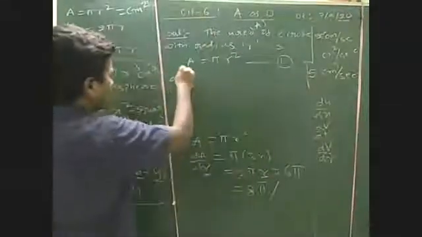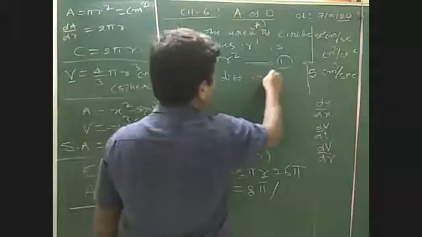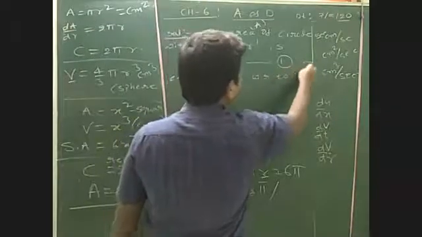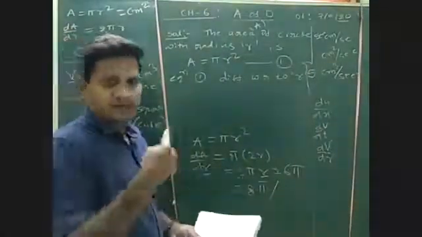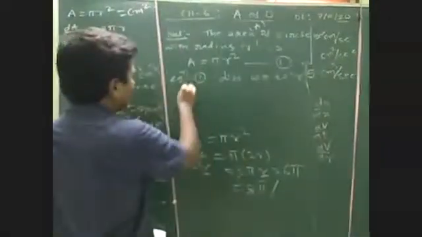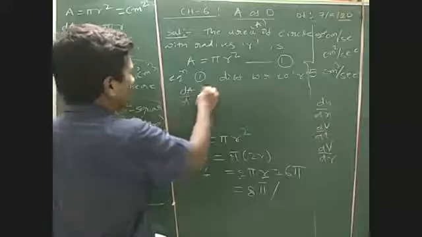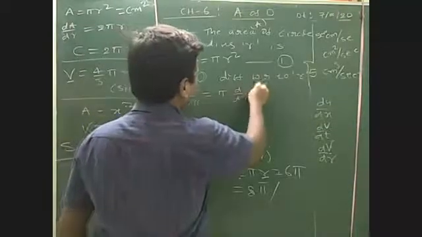Now differentiate equation 1 with respect to r, because they are asking the rate of change of area with respect to radius. So dA by dr is equal to pi into d by dr of r square.